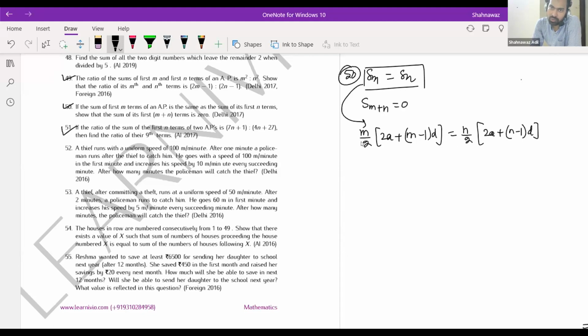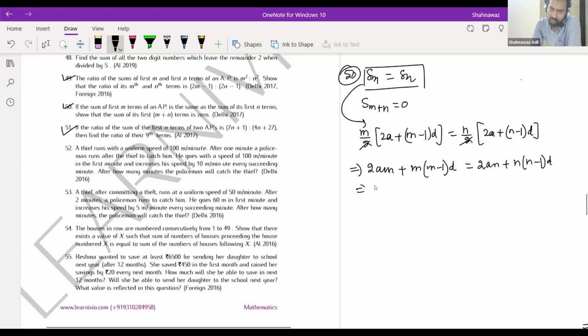So this 2 cancels, and we have 2am plus m into m minus 1 into d, and then we have 2an plus n into n minus 1 into d. Right.